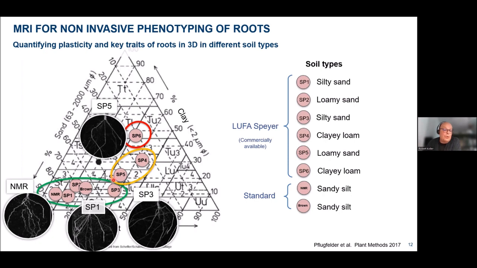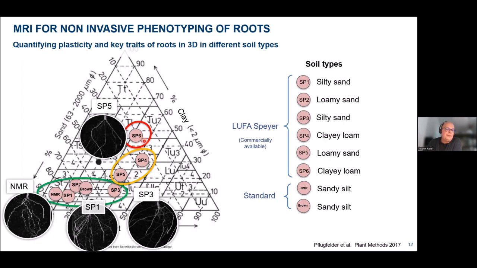Two others were also nicely visible and analyzable, but with another cutoff, so we could not detect really small root sizes or root types. And in only one soil, which was a really clean loamy soil, we were only able to visualize the primary roots, for example. In this case, we would not use these kinds of soils.